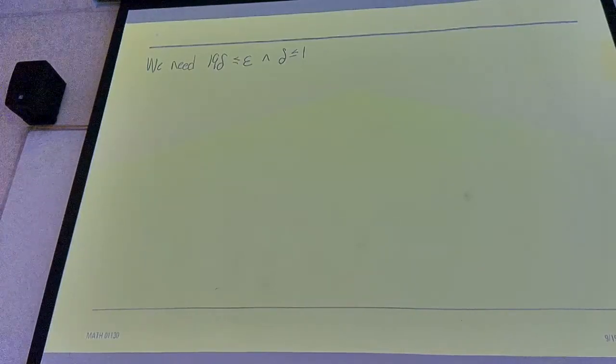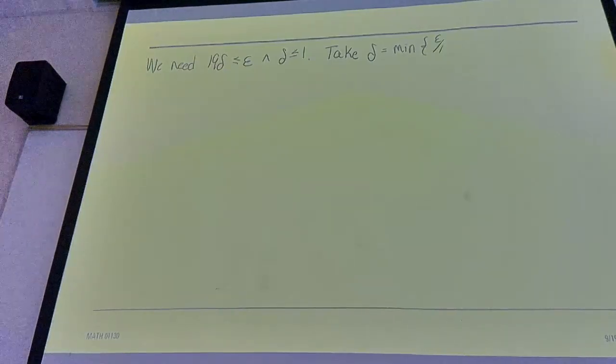We want 19 delta to be less than or equal to epsilon, and for delta to be less than or equal to 1. What would our choice of delta be? The minimum of epsilon over 19 and 1. And so we found delta.